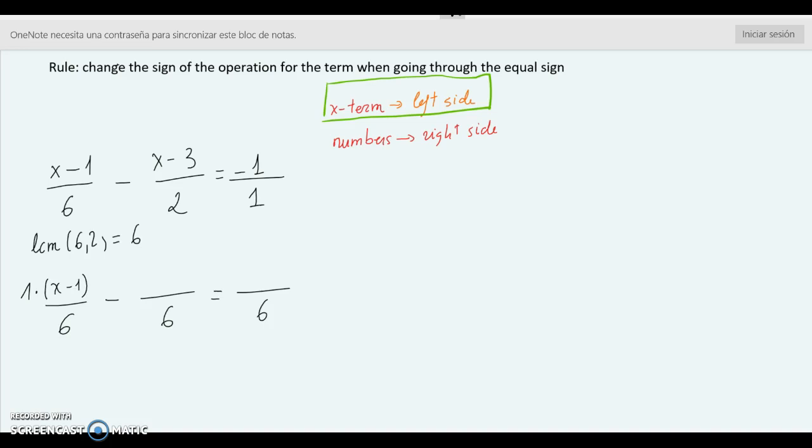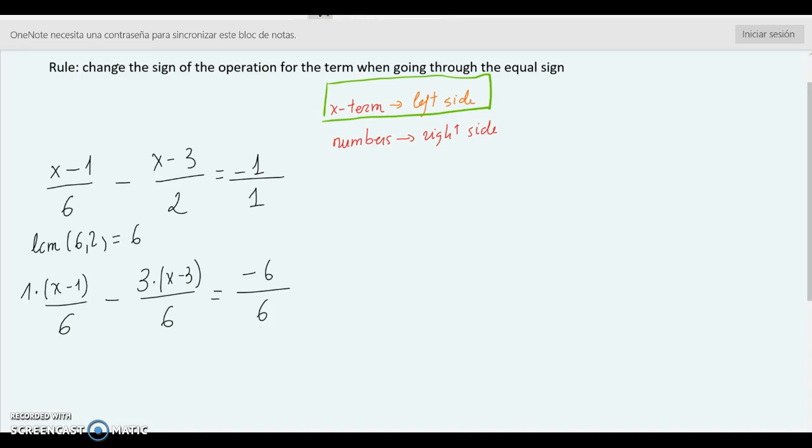For the second fraction, 6 divided by 2 is 3. 3 will multiply x minus 3. And finally, 6 divided by 1 is 6. Multiplied by minus 1, minus 6.